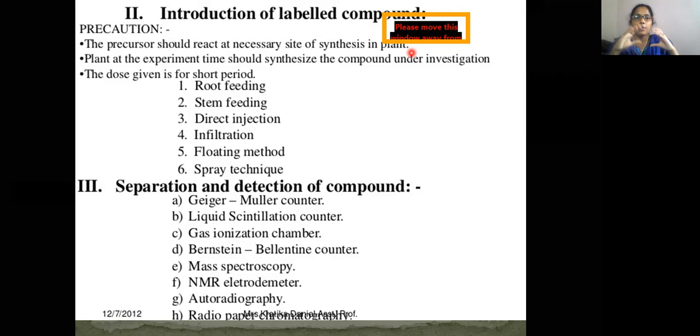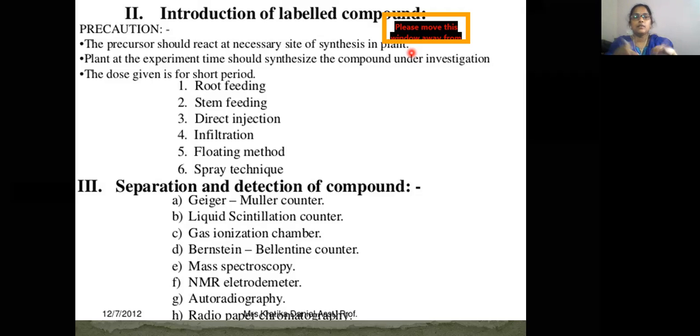So the proper time, at what time the biosynthesis of these metabolites is taking place, we have to identify, because after the completion of the pathway or synthesis of the secondary metabolites, if we introduce our radio labeled compound into this plant, what happens? There is no reaction, right? It will just be there in the plant, so the reactions will not happen, right?